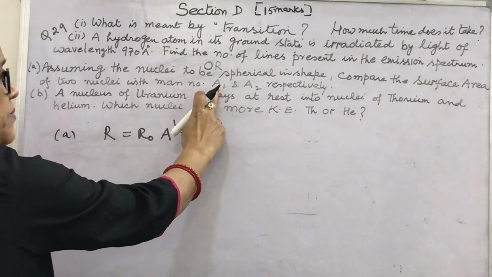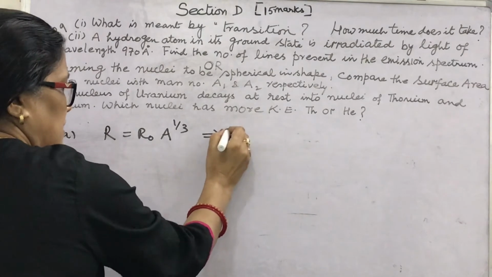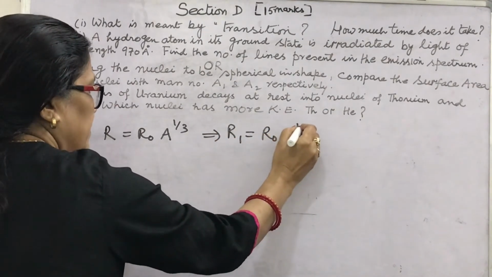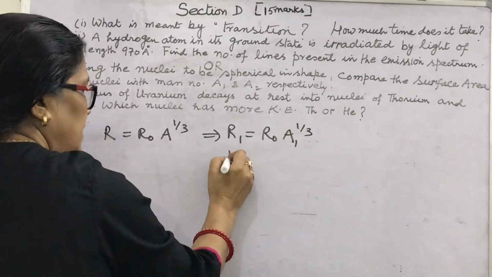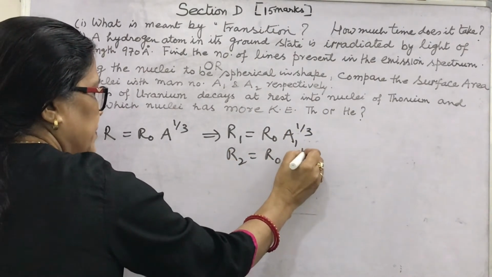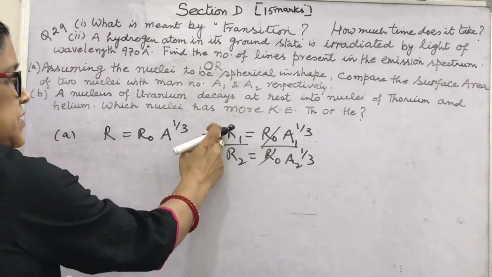So for mass numbers A1 and A2, R1 equals R naught A1 to the power 1 by 3 and R2 equals R naught A2 to the power 1 by 3. Divide, and R naught will be cancelled. What is R1 upon R2?